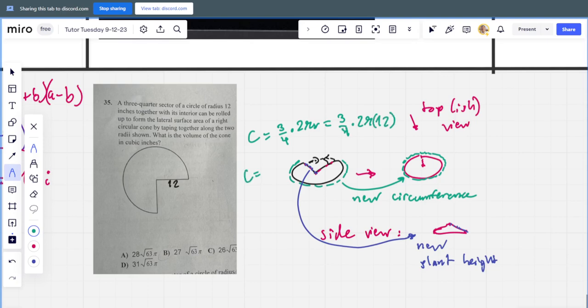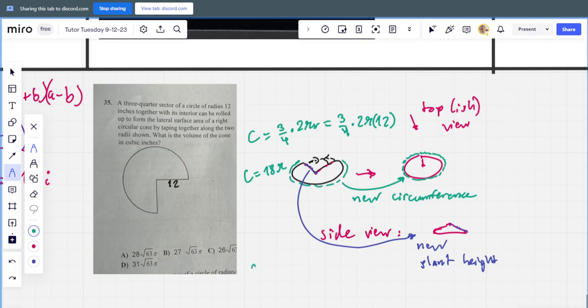So the circumference was equal to 3/4 times 24 pi, which is 18 pi. That is equal to the circumference of the cone. It's equal to this green circumference here. That is the full circumference of the new cone.